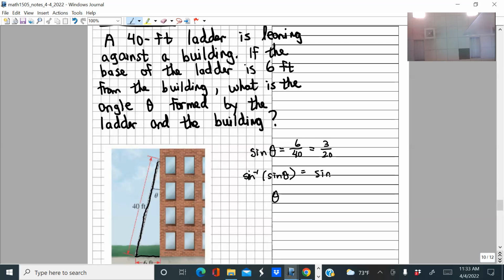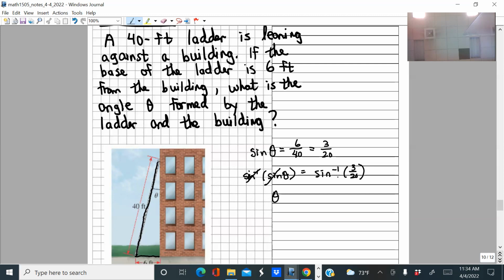So we have sine inverse of sine of theta is sine inverse of 3/20. And now these should cancel each other, right? And they're going to here for sure. You won't have any complications here because theta is just an acute angle, so you're not going to have the issue of possibly coming out with the wrong answer.